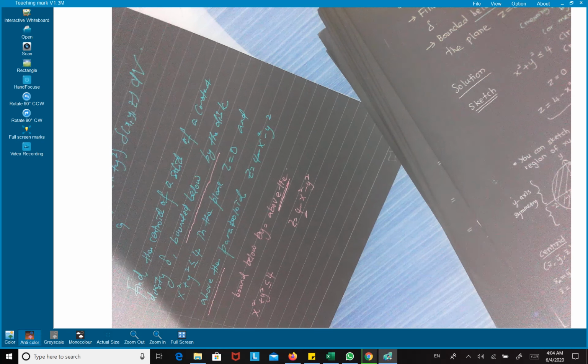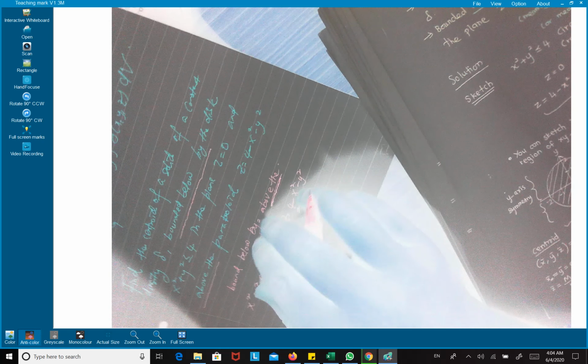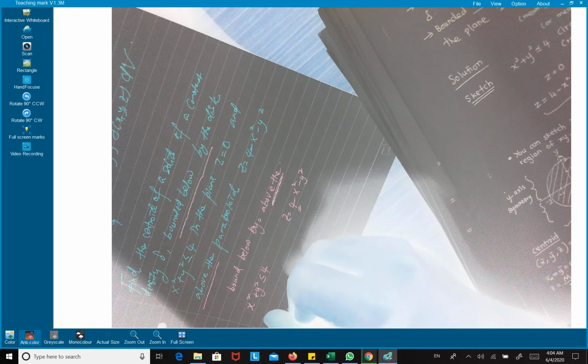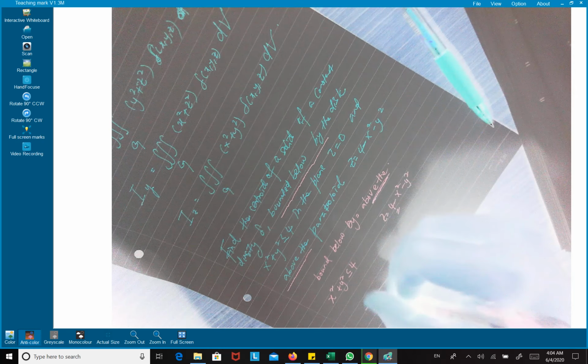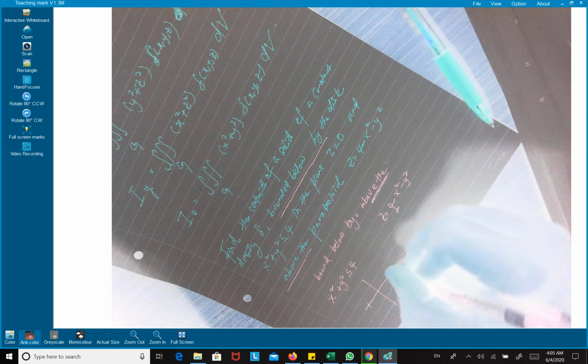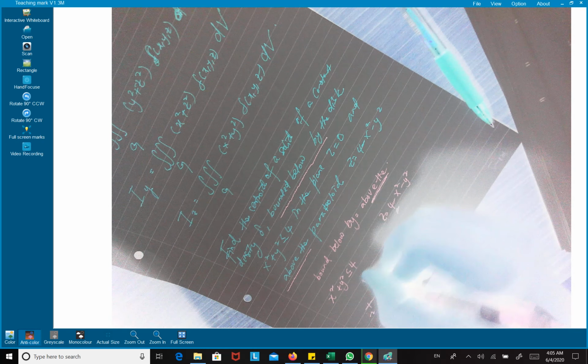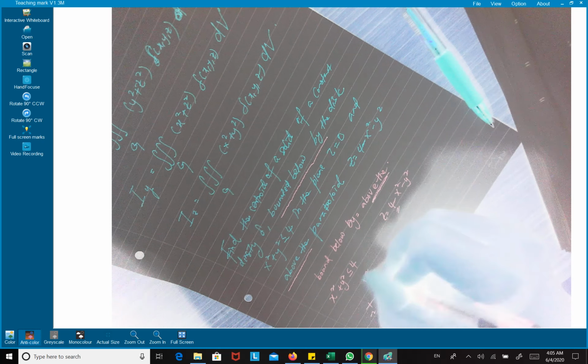So first we try to sketch xy plane to know the region of xy plane. So xy plane will be the circle, right? Okay, just draw it first. Circle with radius 2.